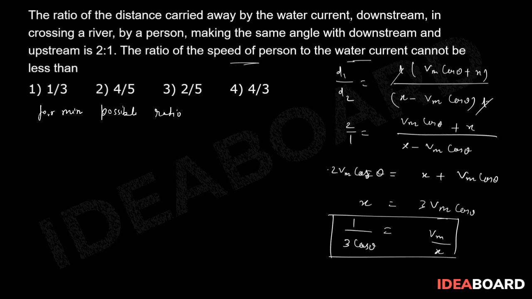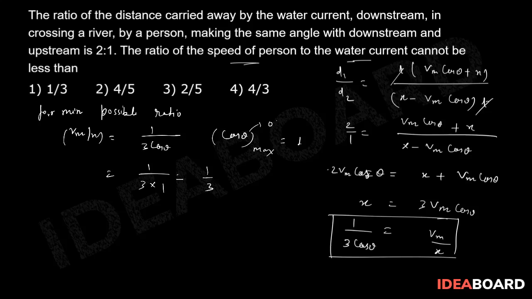Of course, the expression Vm by x is 1 upon 3 cos theta, so cos theta should have its maximum value, which is 1. At that moment theta should be 0 degrees. That means this would be 1 upon 3 into 1. So this should be 1 upon 3. That means 1 to 3 should be the answer, option number 1.